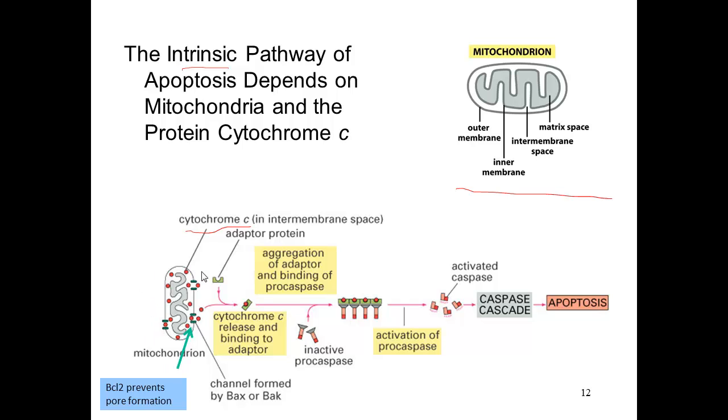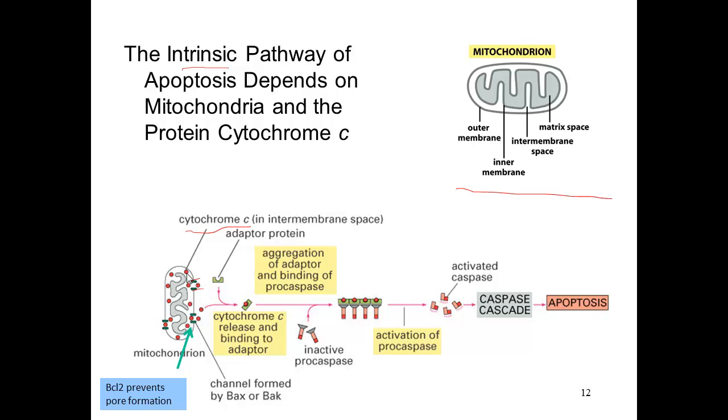However, if the cell detects a signal to induce apoptosis, this could be the result of binding a ligand to promote apoptosis. It could be as a result of no longer receiving a survival factor. It could be as a result of a lot of DNA damage. For whatever reason, if the cell is intent on initiating apoptosis, it will create pores in the outer mitochondrial membrane.